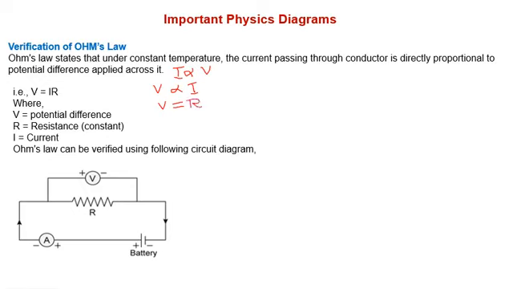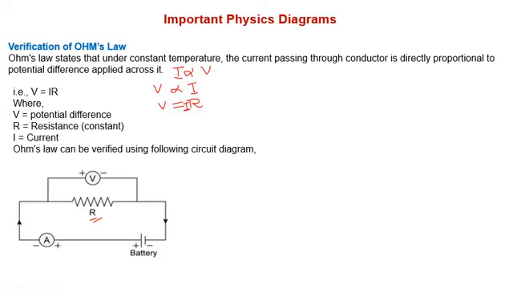So if I keep the resistance constant, in that condition the current flowing through the conductor is directly proportional to the potential difference across it. Okay, so V is equal to IR. I have introduced I and R, right?